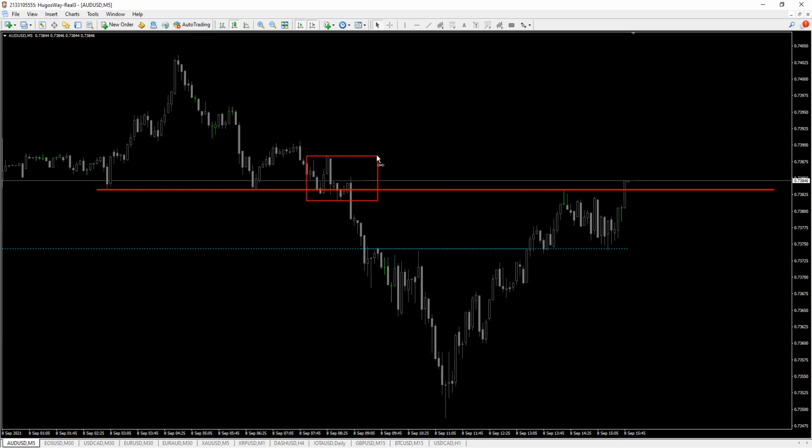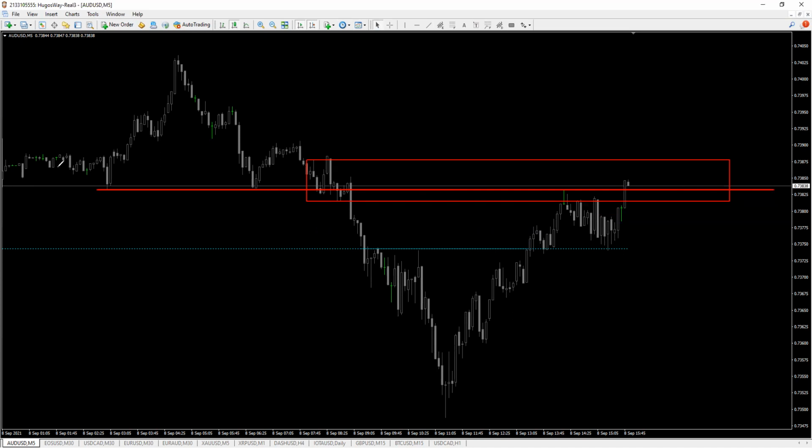Right. So now this area is actually, if I go ahead and mark the whole structure out, which would be from there to there, until this particular structure is broken, this level here is still resistance now. Okay, it was here, support, support. Here it became resistance. Here it's still resistance. Here's a retest.